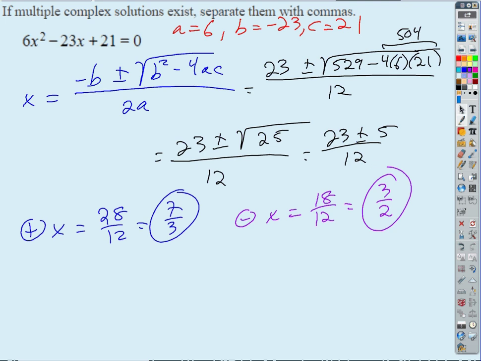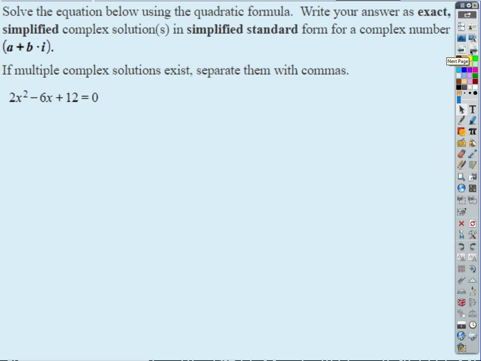Okay, one last one and then I'm done. Is this in standard form? It is, but what could I do to make this a little bit simpler? Divide by 2. If I divide both sides through by 2, I get x squared minus 3x plus 6 equals 0.